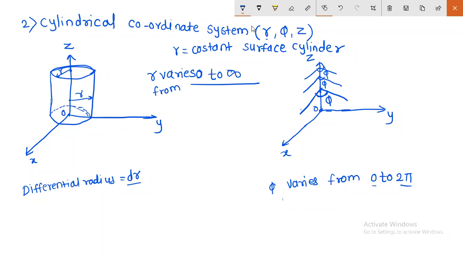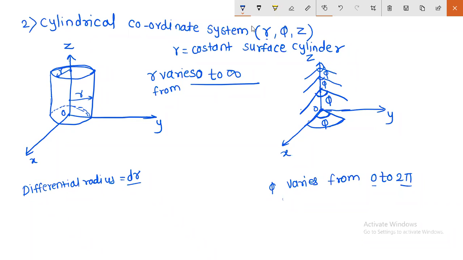But how can I measure this value? Suppose this is the x-axis, meaning the angle starts from the x-axis, and this is your angle phi at the ground level. Then how do we measure this length?